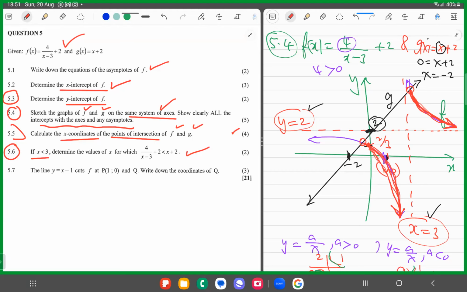Right, so what values of x are these? We know the points of intersection. What are the points of intersection? We saw the points of intersection at x equal to minus 1, and also x equals 4. So x equals minus 1, x equals 4.